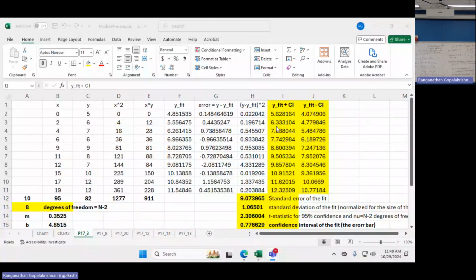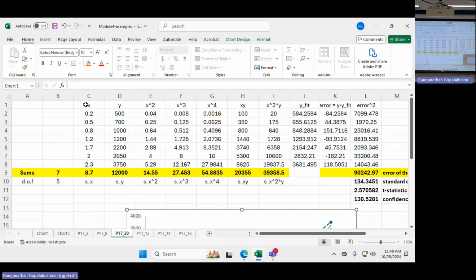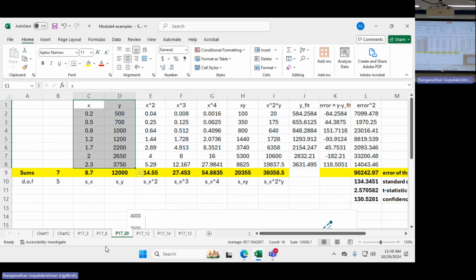So now let's look at an example of quadratic regression, which we did last time. Now I just want to go over it and also show you the confidence intervals. This is problem 17.20. It's all in the Excel sheet.